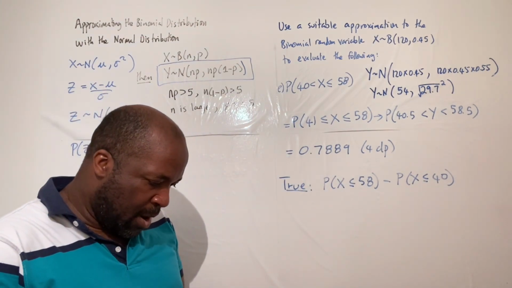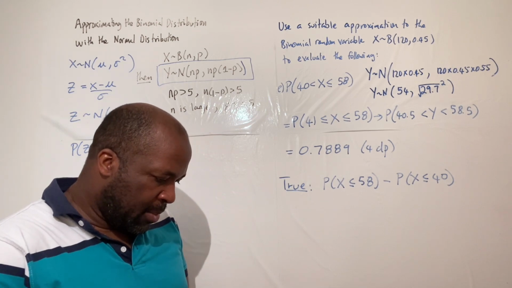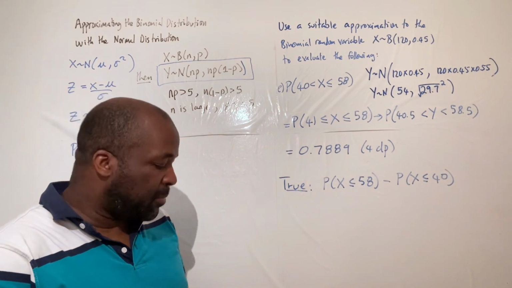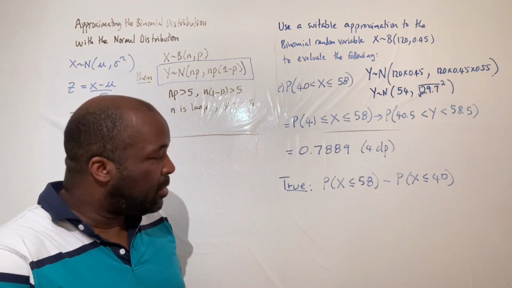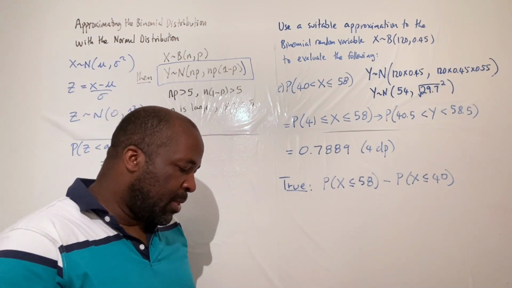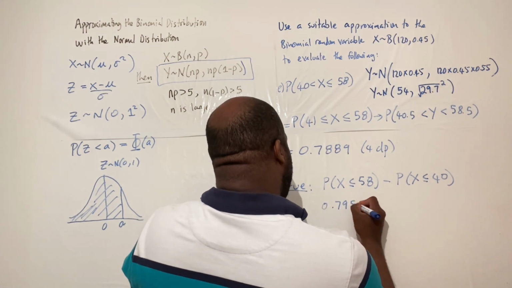So we're going to do binomial CD, then variable, then x is going to be 58, n is going to be 120, p is going to be 0.45, and that's going to give me 0.7957.